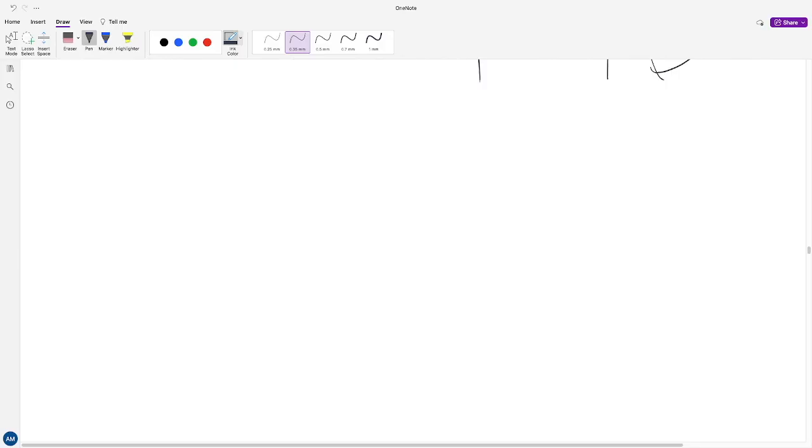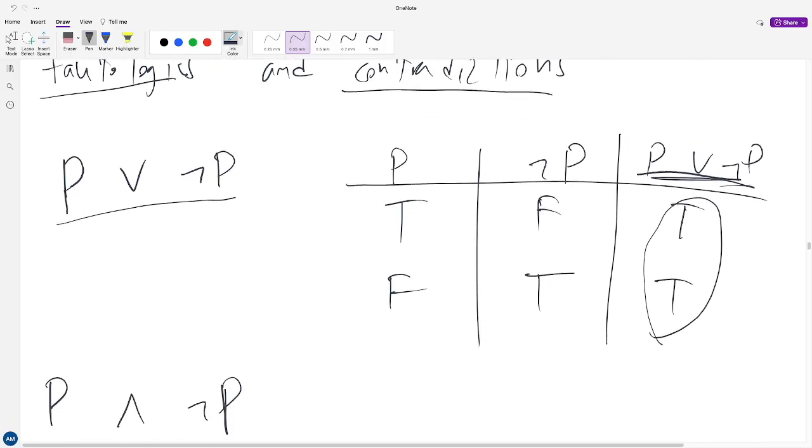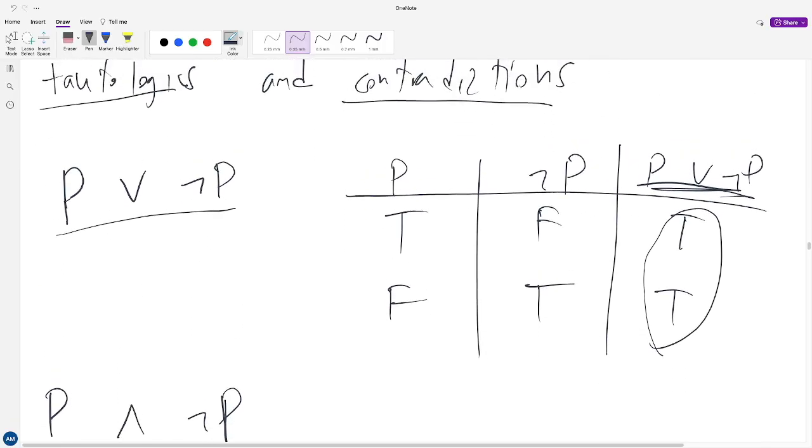So something like P and not P. If P is true, then not P must be false, and therefore this whole and statement is false. If not P is true, then P must be false, and therefore this whole and statement is false. So this statement will always be false. Those are just one example of a tautology and a contradiction, but there are plenty more that you can look at.